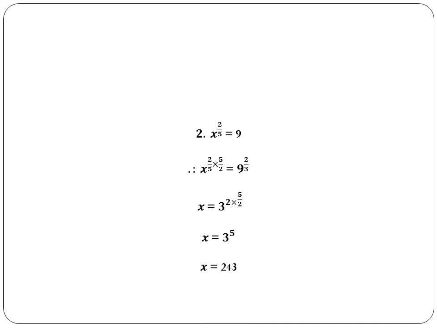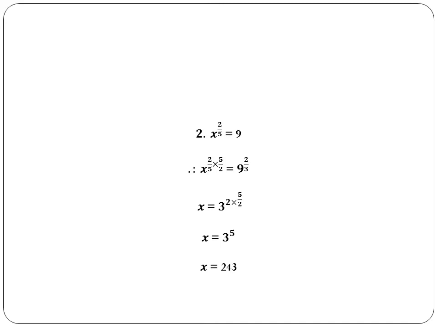Another example, if we have x to the power 2 divided by 5 is equal to 9. The same method, we multiply both sides by the reciprocal of the exponent. So if we reciprocate 2 divided by 5, we are going to have 5 divided by 2.